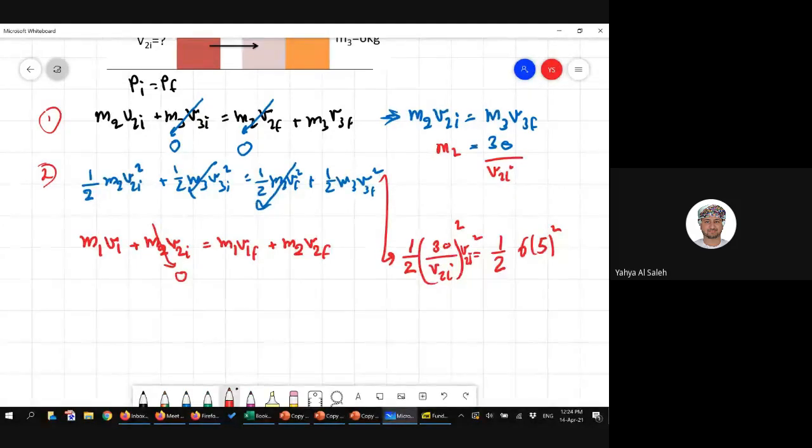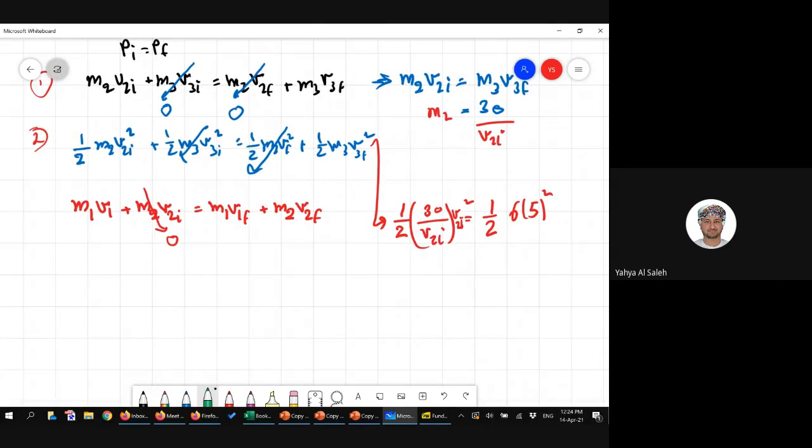Wouldn't that cancel all our V2I's though? No, we don't have a square here. My bad. Yeah. Good. So we end up with 30 V2I over 2 equals 5 squared is 25 times 6 is 150 divided by 2, it's 75.